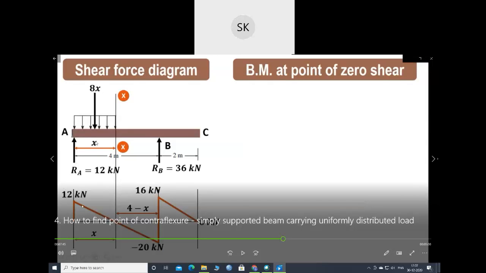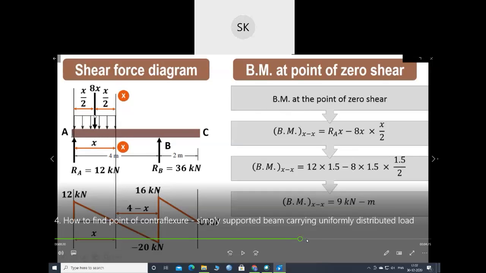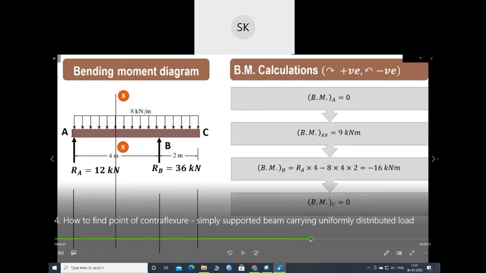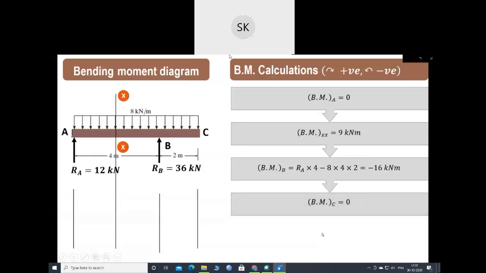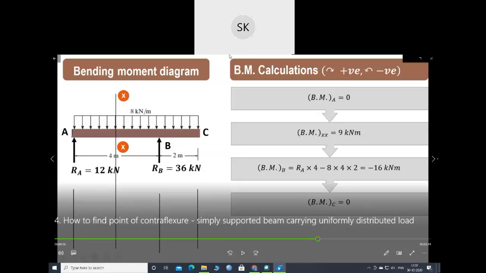You can also notice that when shear force changes sign, see the bending moment values: 0, 9, minus 16, 0.